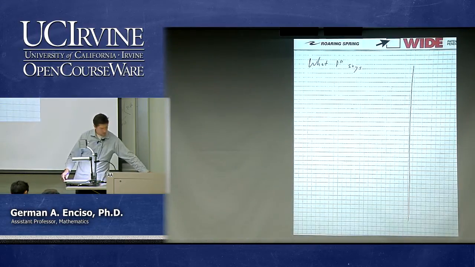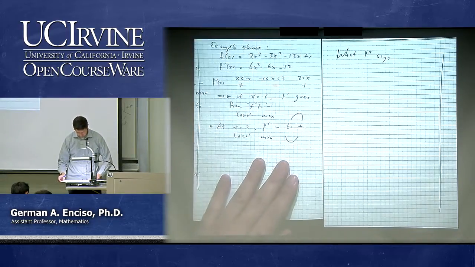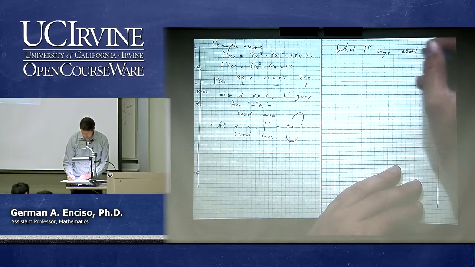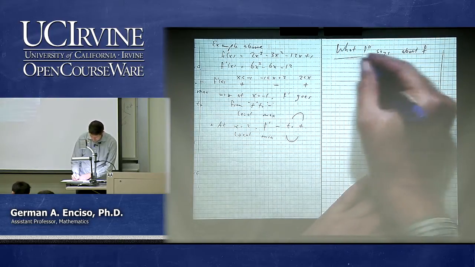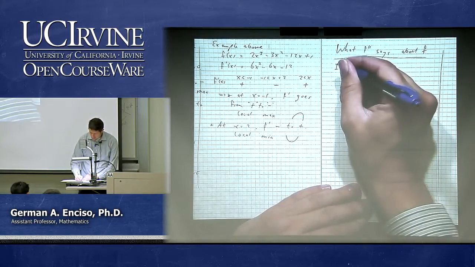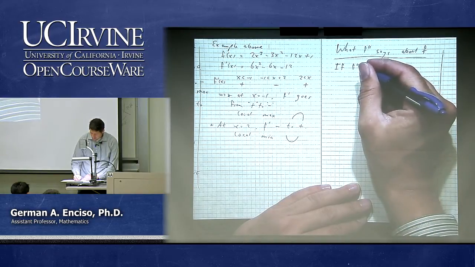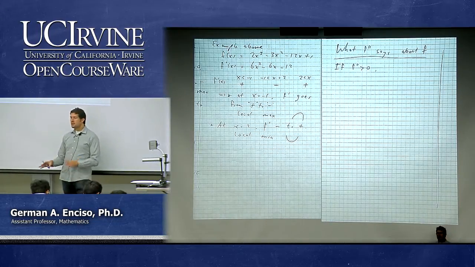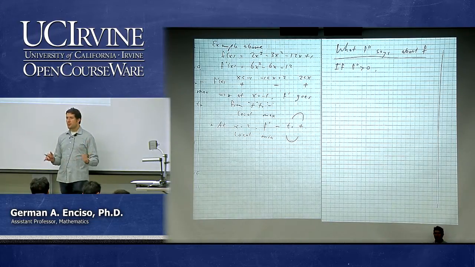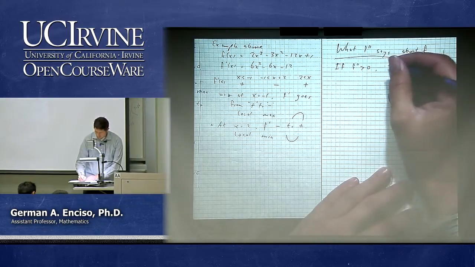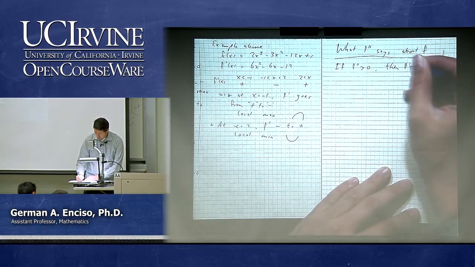So if f prime prime is bigger than 0, then I still don't know what happens with f, but I know that f prime has to be increasing, because f prime prime is a derivative of f prime, right? Then f prime is increasing.